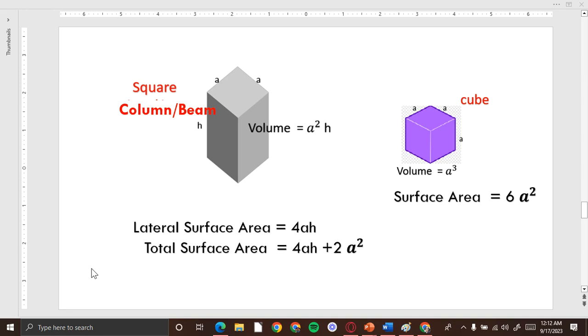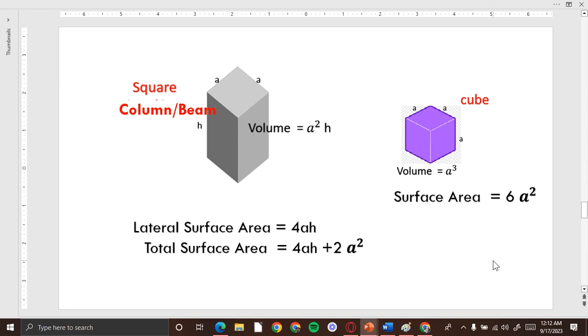If we calculate the volume, it will be equal to A square into h, that is the top surface area or bottom surface area, A into A, which is A square, into height. Surface area into height of the column or beam. Lateral surface area is equal to 4 times A into h, and total surface area will be 4 A h plus 2 A square.